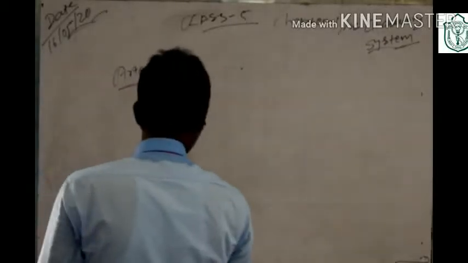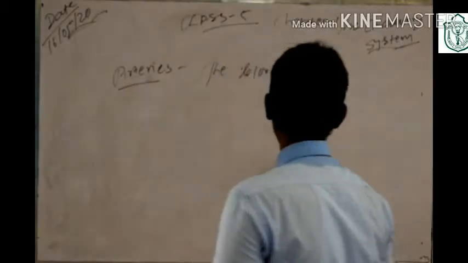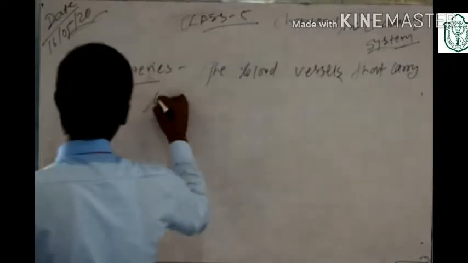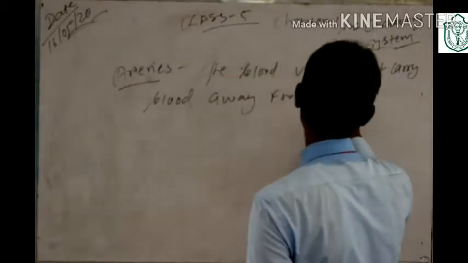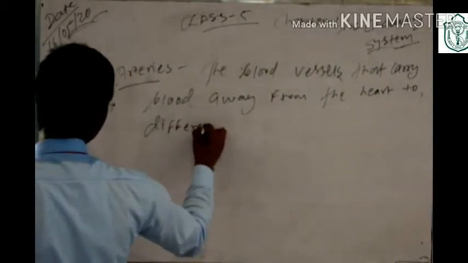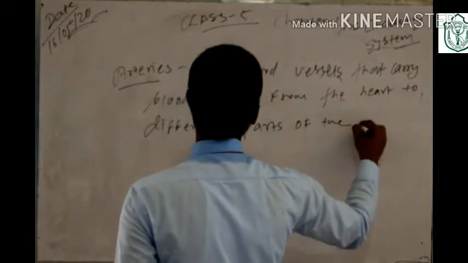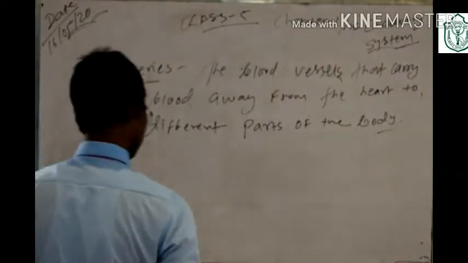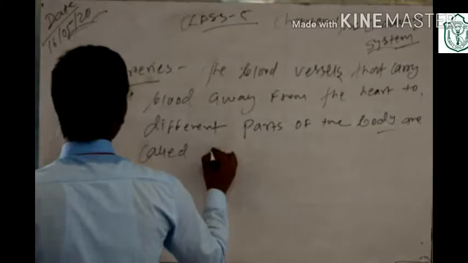Arteries. The blood vessels that carry blood away from the heart to different parts of the body are called arteries.